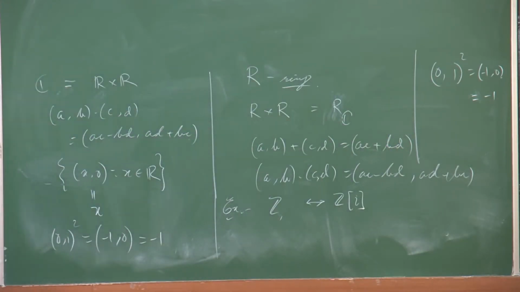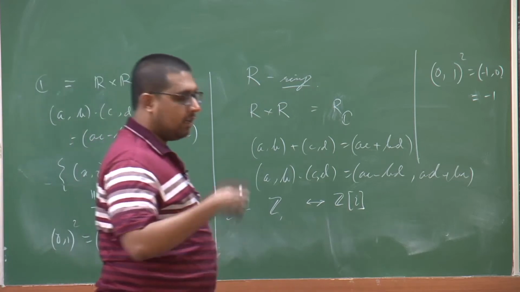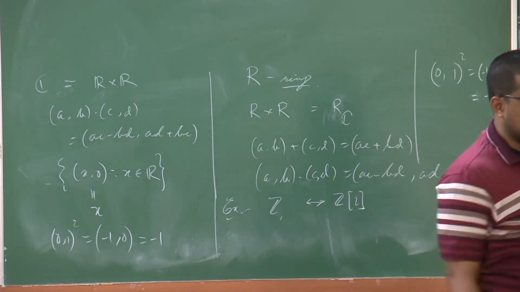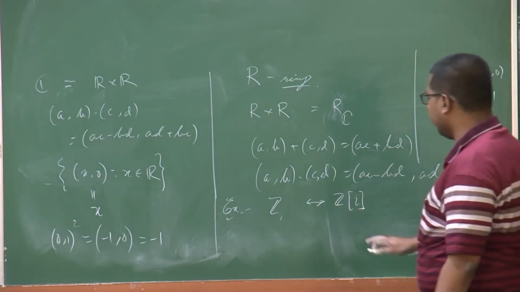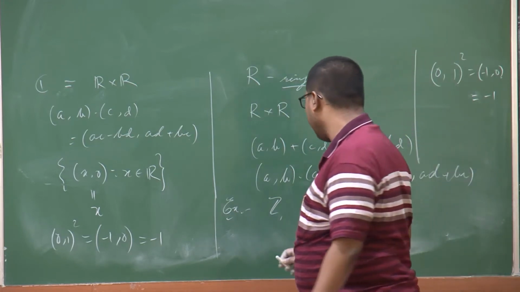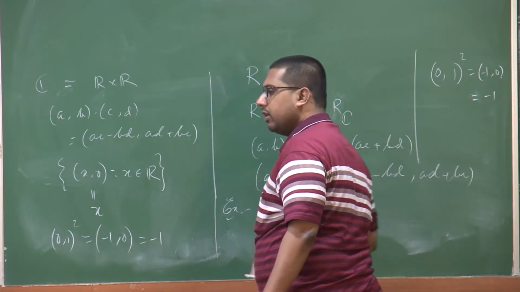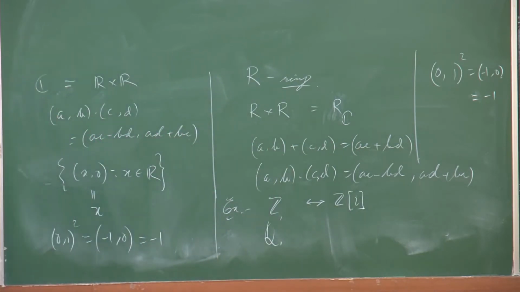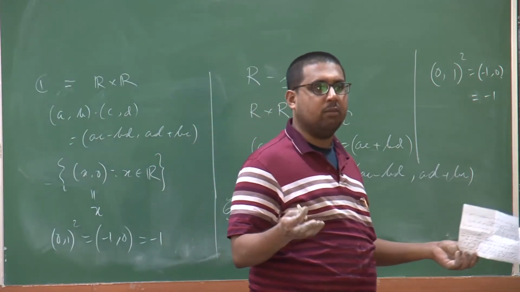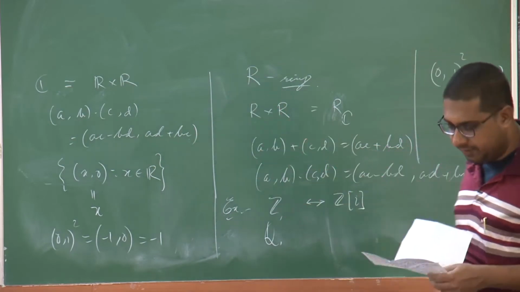For the time being I would like to be vague and leave it to you to convince yourselves that the complexification of Z exactly looks like Z[i]. Similarly, you can do with Q. What you should obtain looks similar to Q[i]. Then R, of course, we expect that the complexification of R will be C, because that is how it is defined.